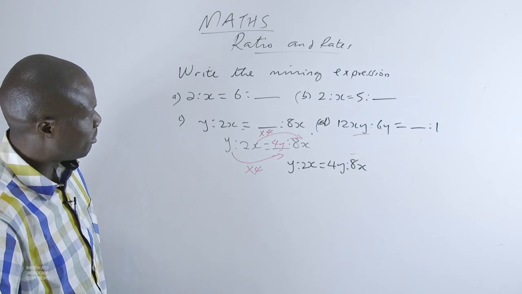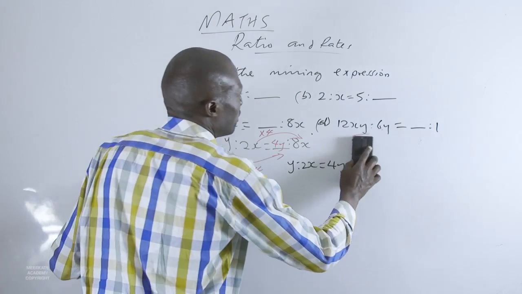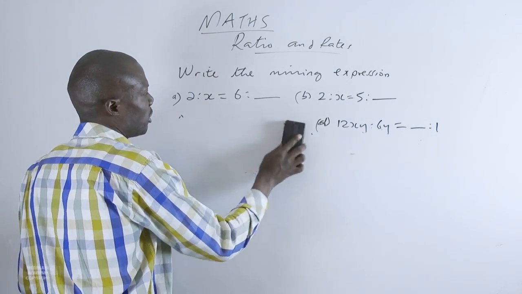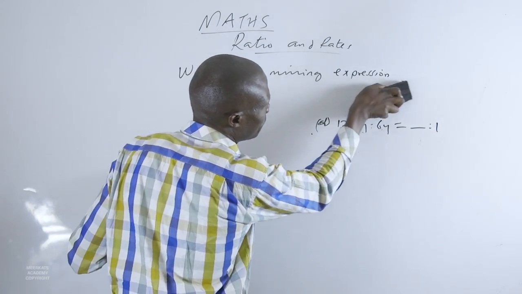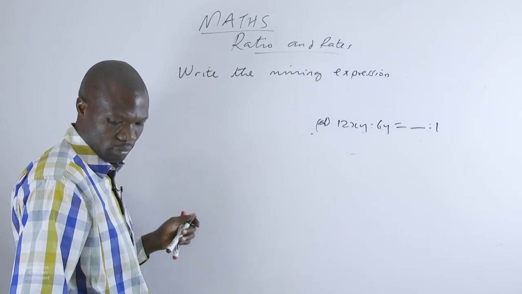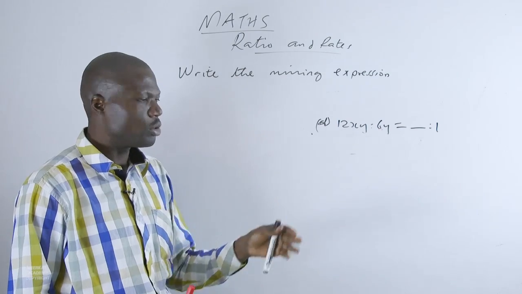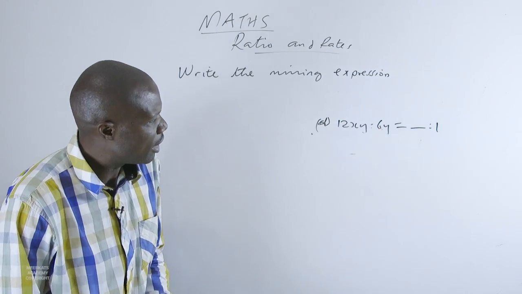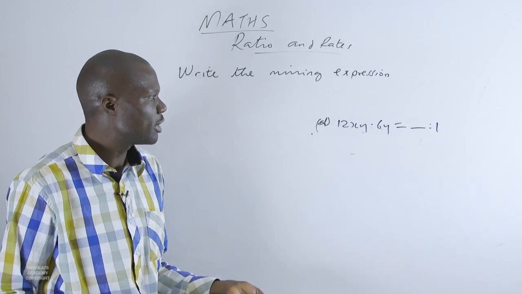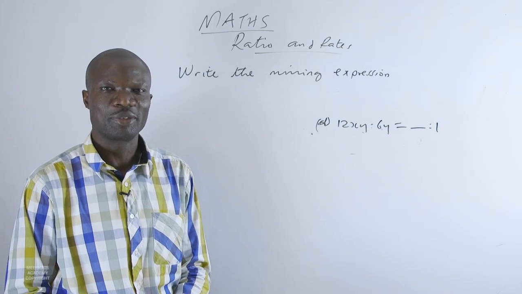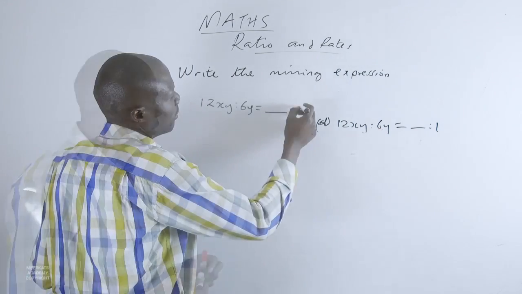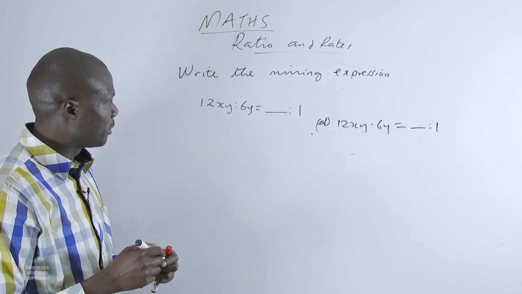The last part that we have on expressions, we have 12xy to 6y is equal to dash to 1. This is very interesting. Can you see that?